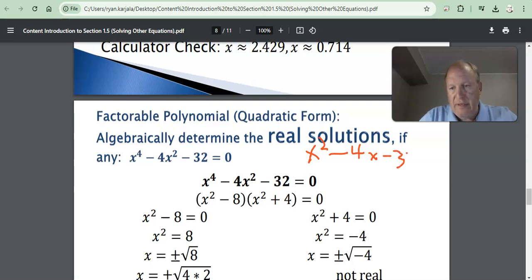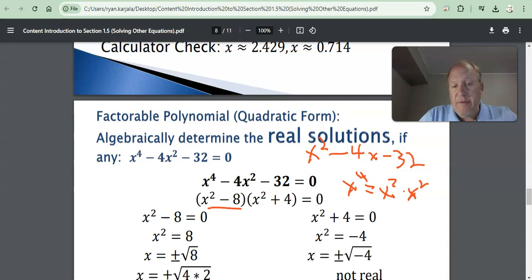It's going to factor the same way. But instead of having an x squared, I have x to the fourth, which means when I factor, x to the fourth equals x squared times x squared. So that's where that x squared comes from.